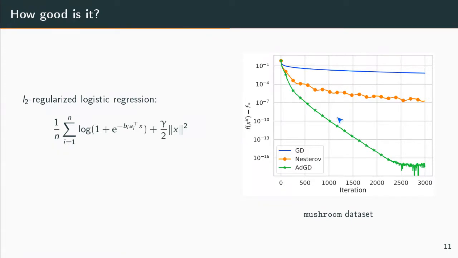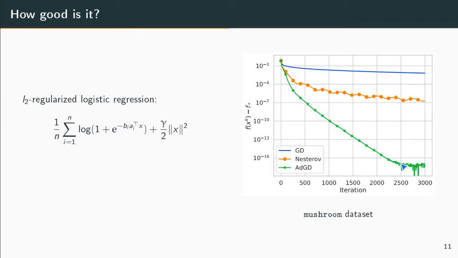Its rate is 1/k squared. So we compare these two classical methods with ours. All three methods use just one gradient per iteration. And as you see, although our method has rate 1/k, it's still much faster in practice.